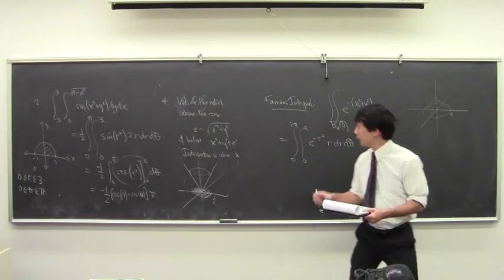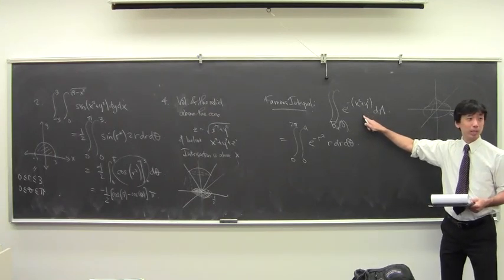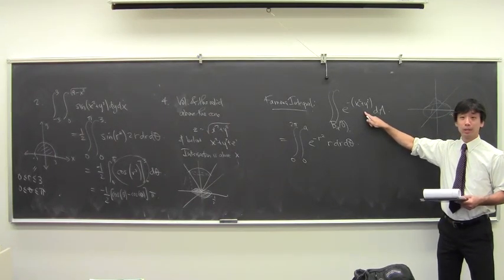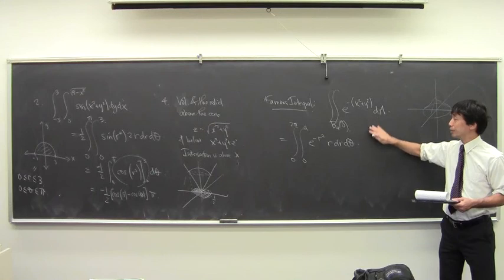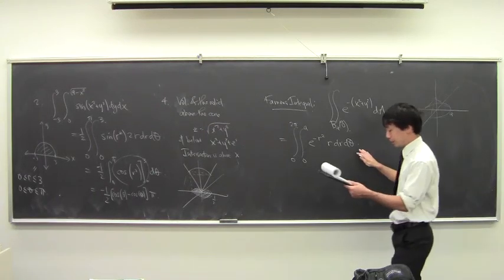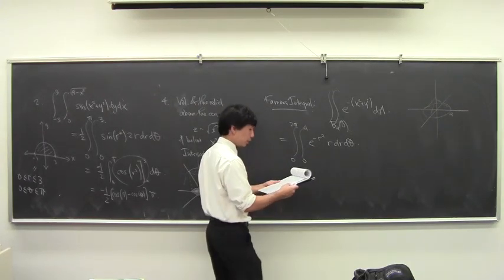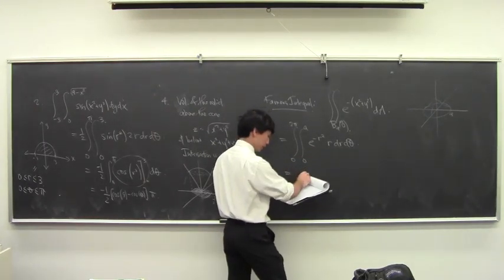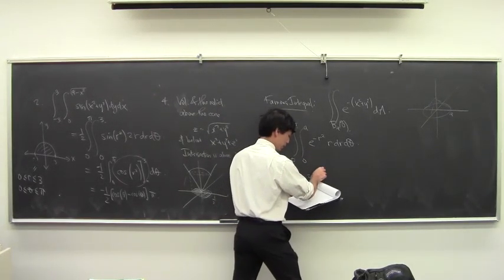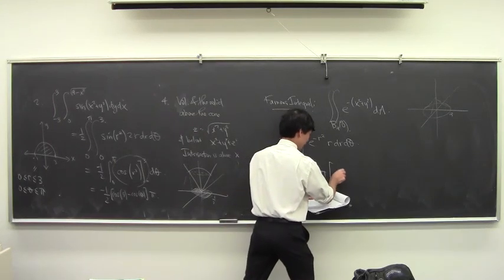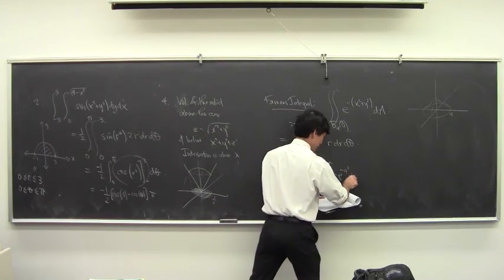You see that trying to integrate this directly would be difficult, but integrating using the change of coordinates is pretty simple. You end up with π times (negative e to the negative a squared plus 1).